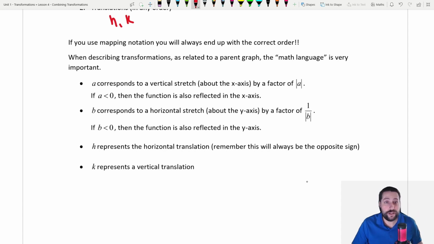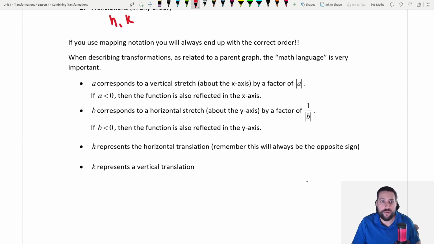When describing transformations as related to a parent graph, so that's the original function before it's been moved, the math language is very important. So A corresponds to a vertical stretch about the x-axis by the factor of the absolute value of A. If A is less than 0, the function is also reflected in the x-axis.